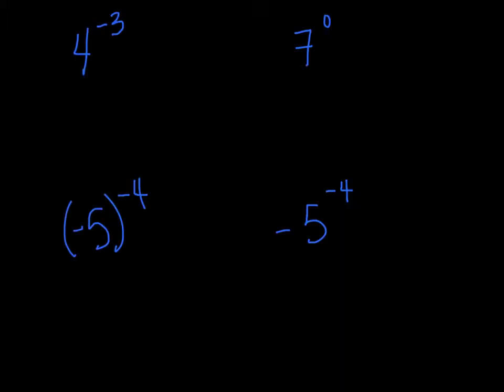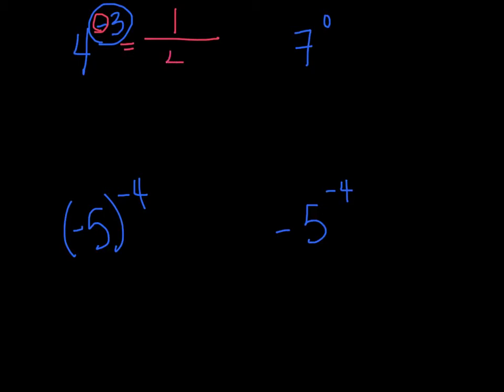Okay, so here we have 4 to the negative 3rd exponent, and we need to simplify this. We need to make it so there is no longer a negative exponent. That negative exponent is screwing us up. So this can be rewritten because I see this negative sign here. This is telling me that the 4 is in the wrong location. It's in the numerator when it should be in the denominator.